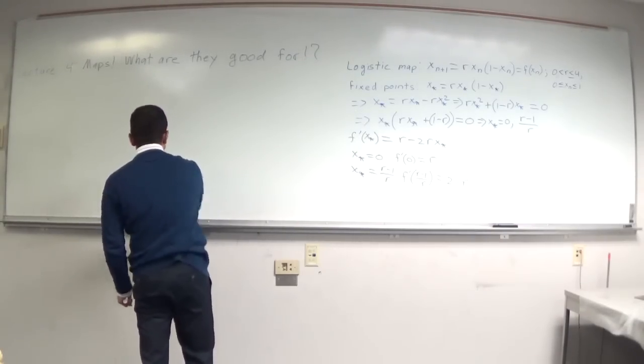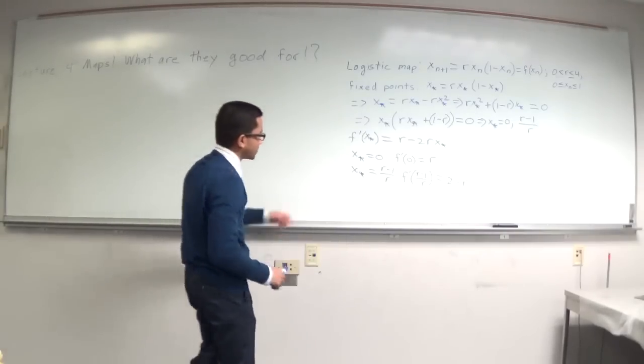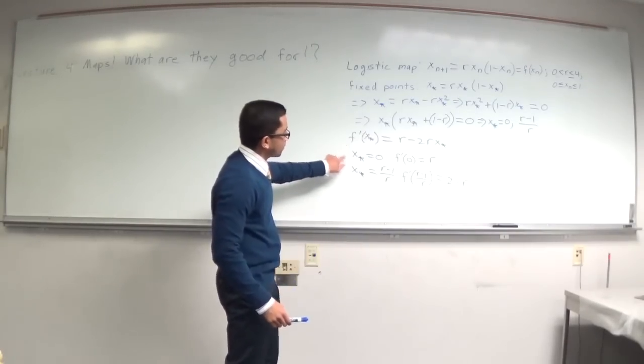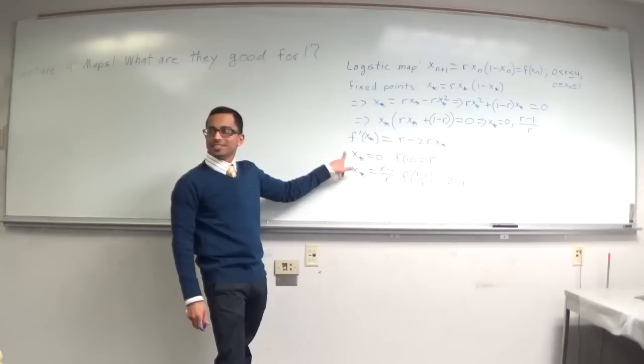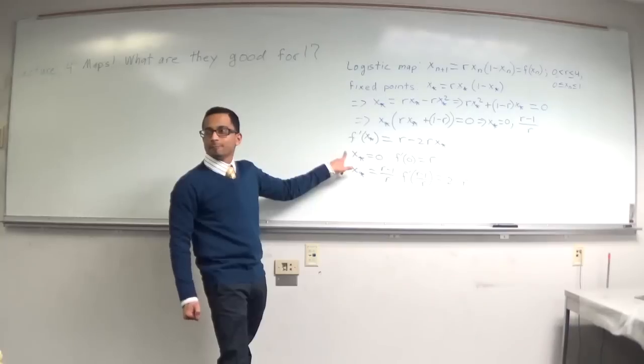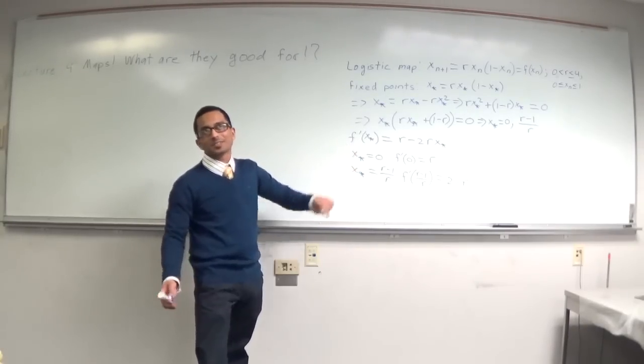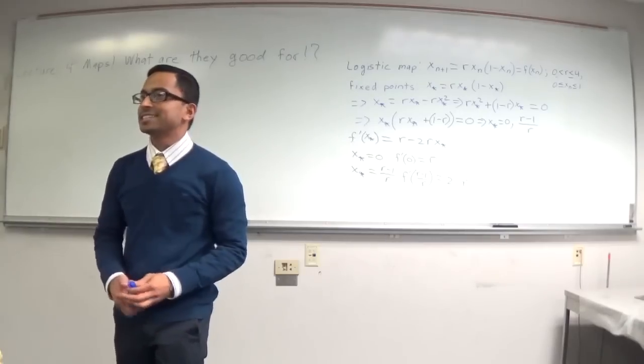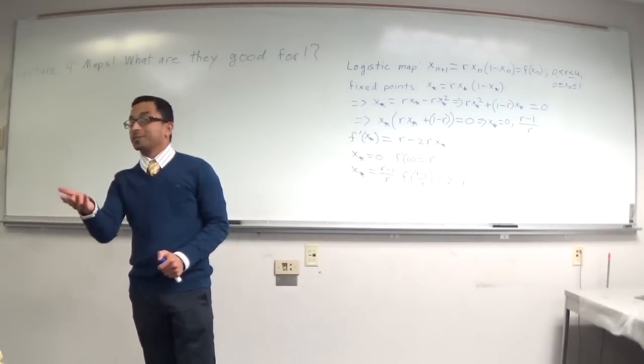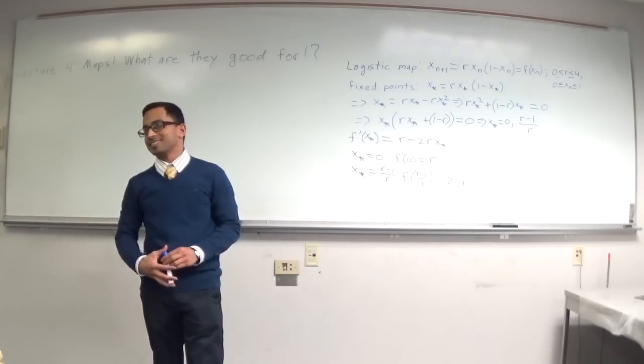So now let's try to figure out the stability of these fixed points. This is easy to get. So is that going to be stable or unstable? It depends on what R is. That's true, it depends on what R is. There is going to be one borderline case. So what's the borderline case?